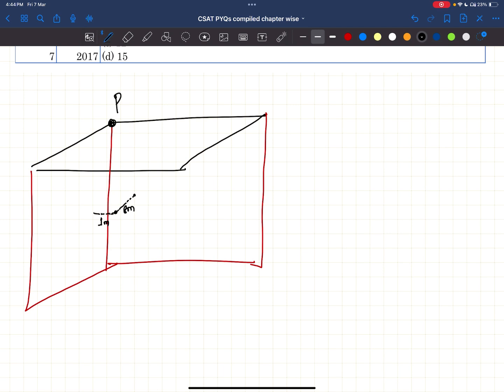Again, it is telling this is 9 meters away from P. This is P. This is 9 meters away from P. It's a triangle.